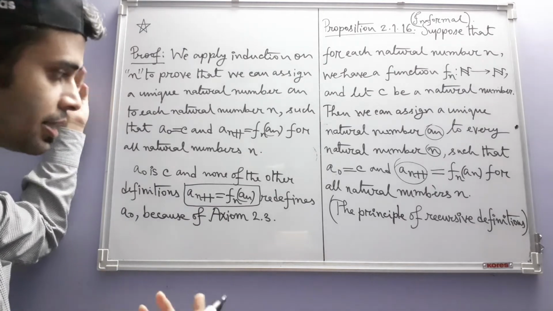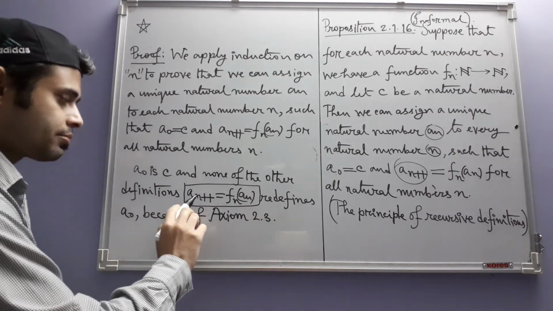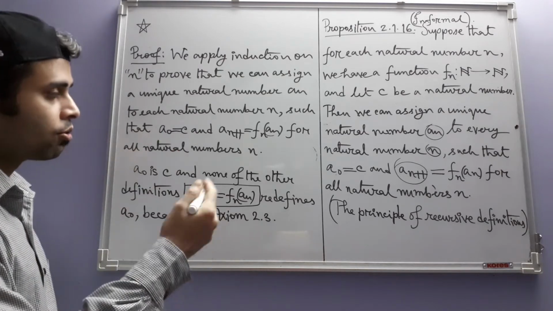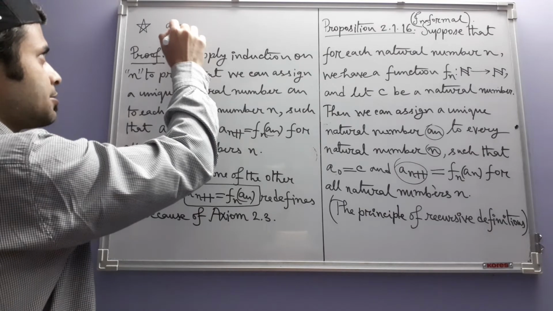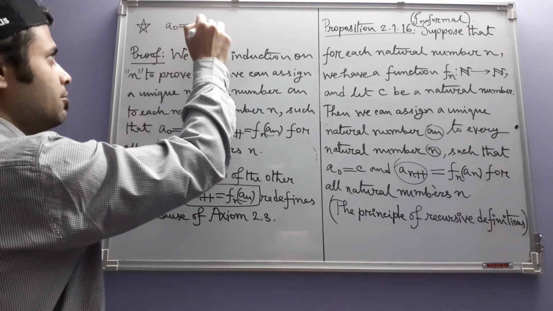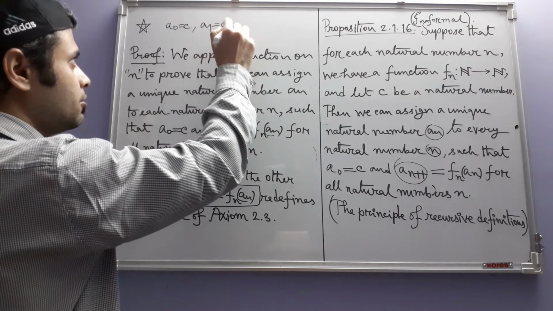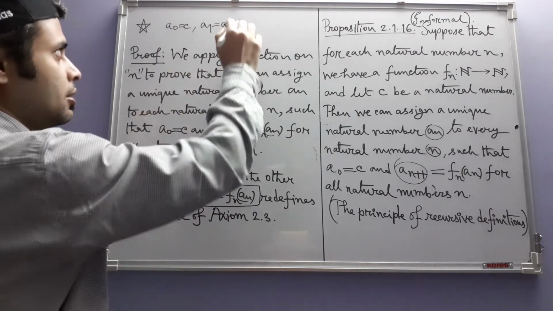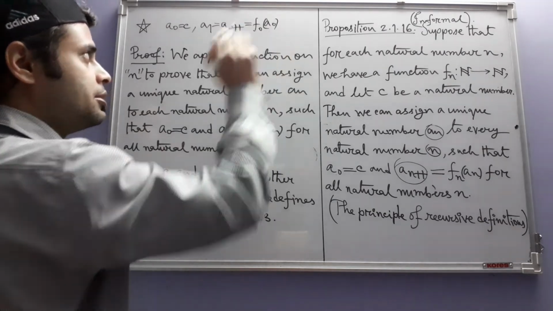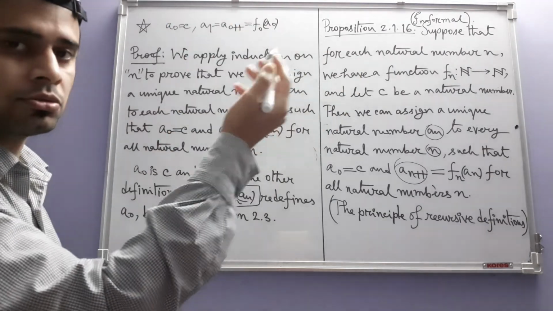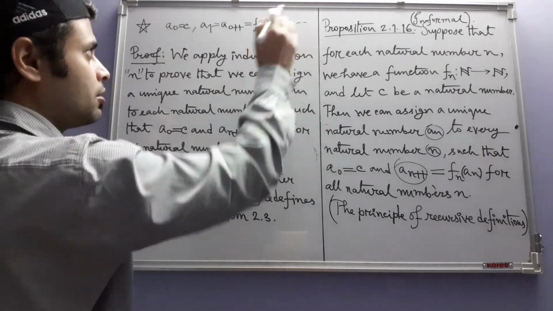Why? What is the meaning of this statement? When we go on defining more and more terms, like a naught has been defined to be c, then we come to a1, which is nothing but a0 plus plus, and we define that to be this, and then we go to define a2 and so on.